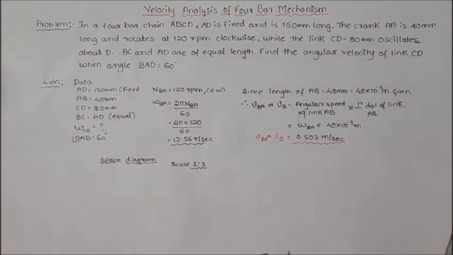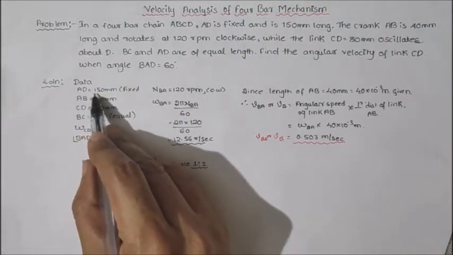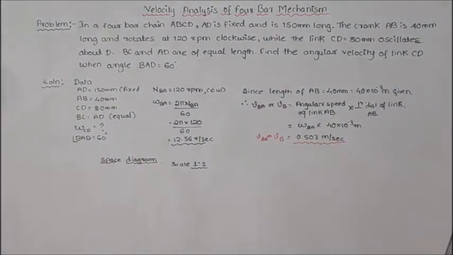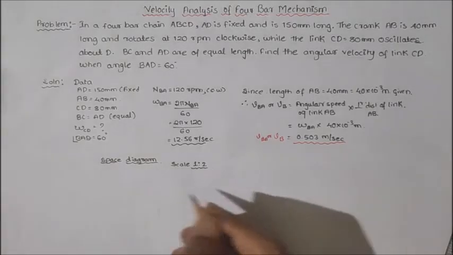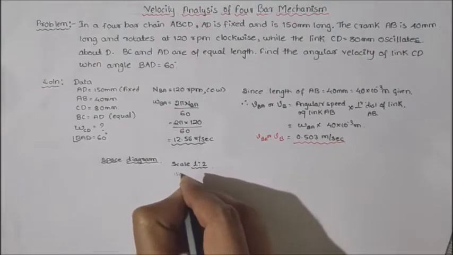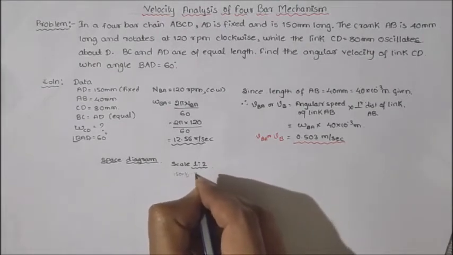So in this 1:2 scale, for all these values of AD, AB and CD, we have to get those values. So how to find out? We'll write the value of 150 multiplied by 1/2, that is 75 mm.